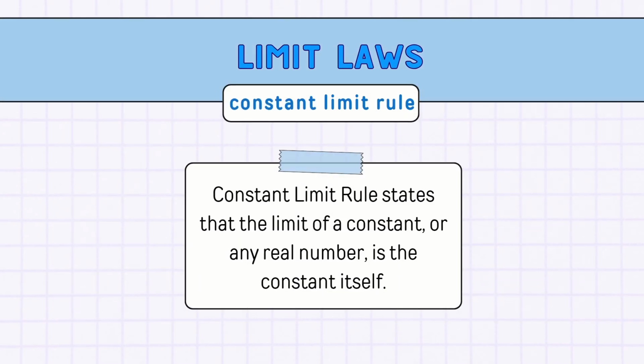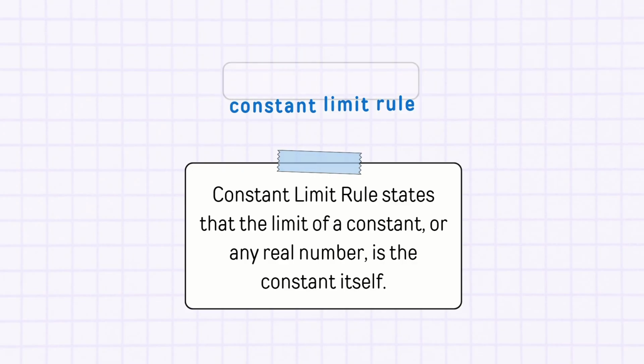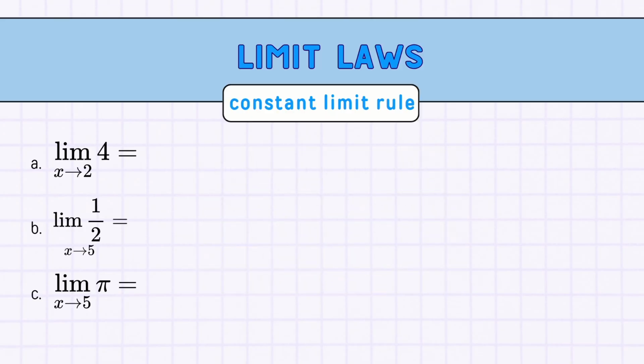First, we have the constant limit rule. The constant limit rule states that the limit of a constant, or any real number, is the constant itself. So let's say we have the limit of 5. No matter what x approaches, the limit is always 5. Let's have an example.